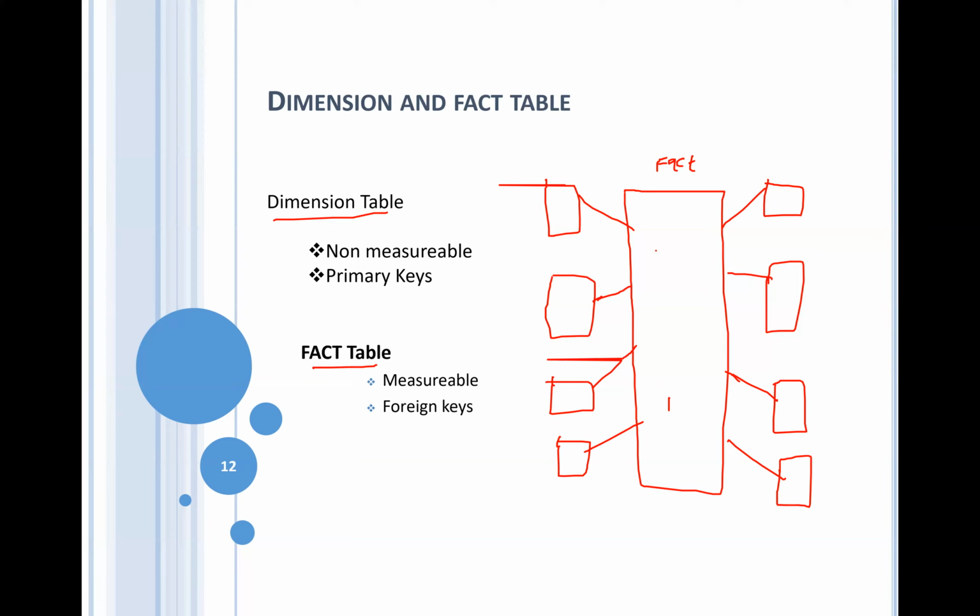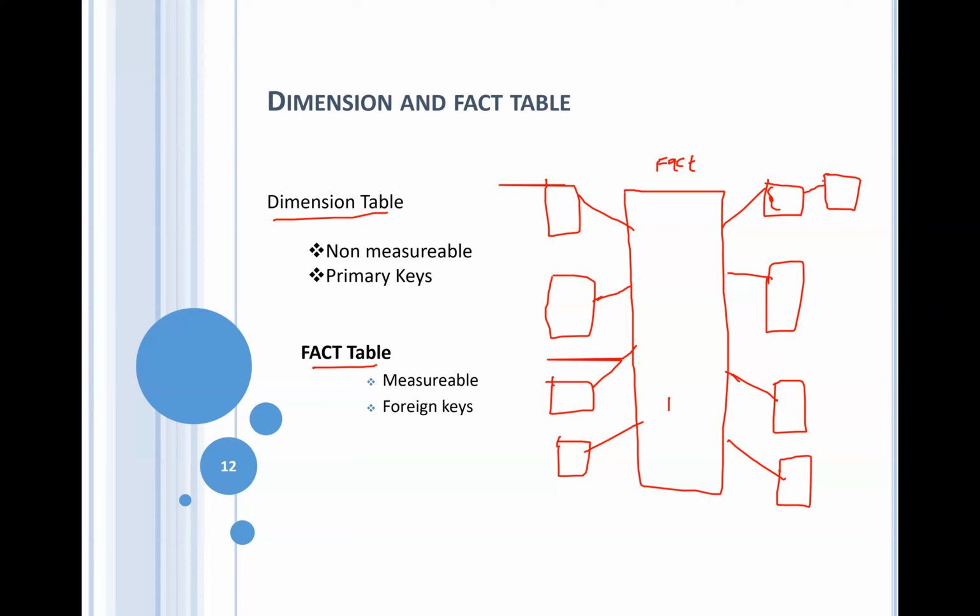Sometimes what will happen, in one dimension table you may have repeated data, redundant data. So instead of having a denormalized table with duplicate data, we will go for the normalization process.